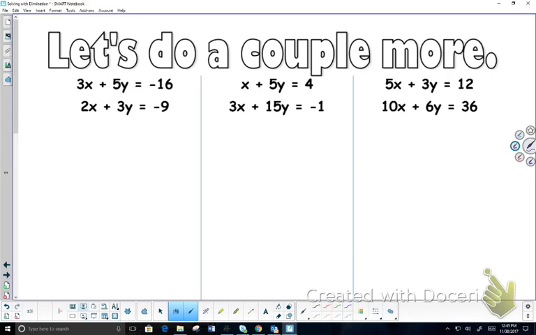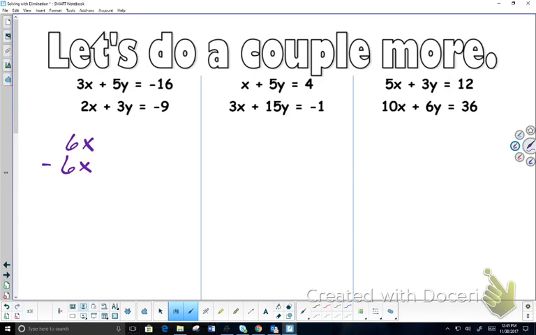What do you think would be easier to eliminate, the x or the y? The x. What number should we turn the x's into? 6. So that means I want a 6x and a -6x. Do you agree? That's the only way I'm going to get 0.